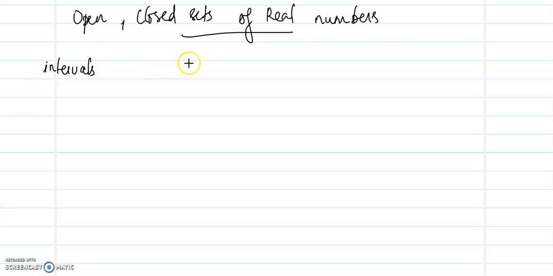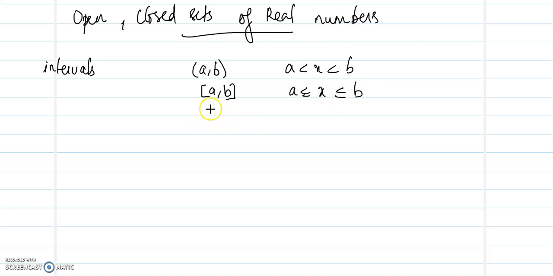On the real line you can have open intervals, that is a less than x less than b, and then we have the closed interval [a, b], which includes a and b, that is of the form a less than or equal to x less than or equal to b.